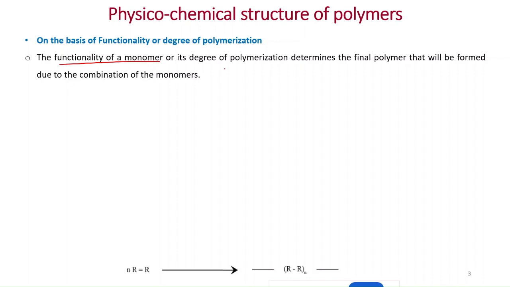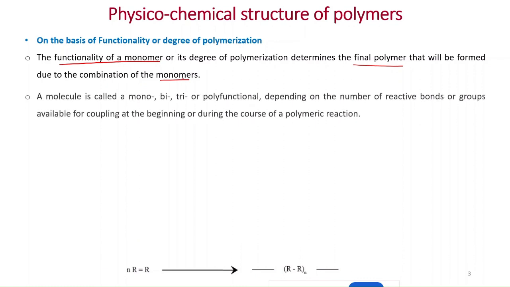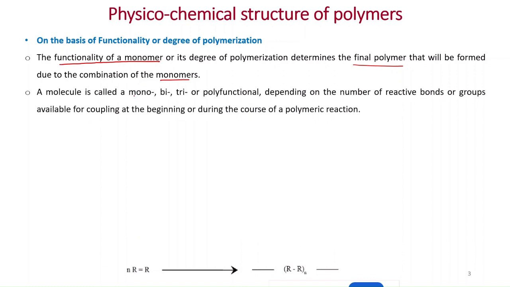We are talking about a monomer, and its degree of polymerization determines the final polymer that will be formed by the combination of the different monomers. A molecule is called mono, bi, tri, or polyfunctional depending on the number of reactive bonds or reactive groups available in the monomer for coupling at the beginning or during the course of polymeric reactions.